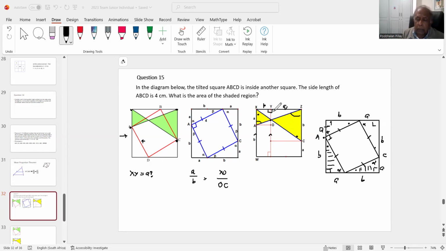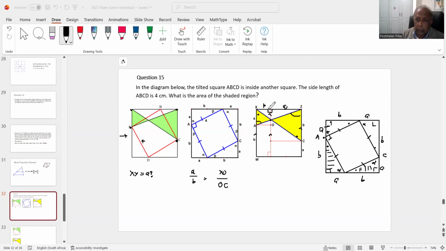Now if you turn your attention to XO over OC, in this large triangle XZC, O is a point on XC, and this line is parallel to this line, because these are 90 degrees, 90 degrees.